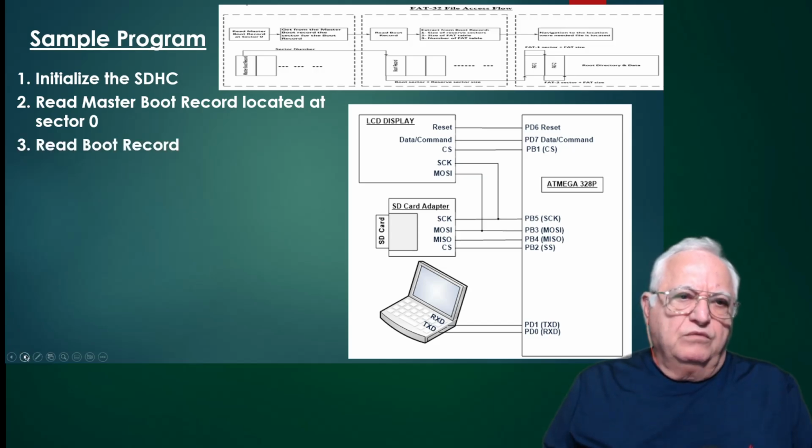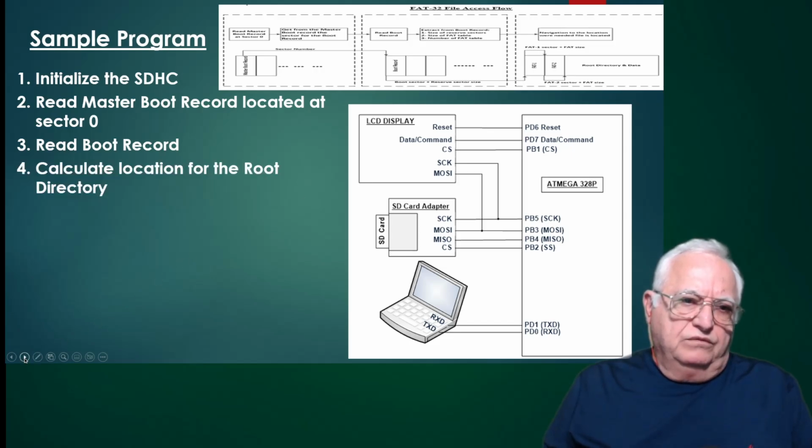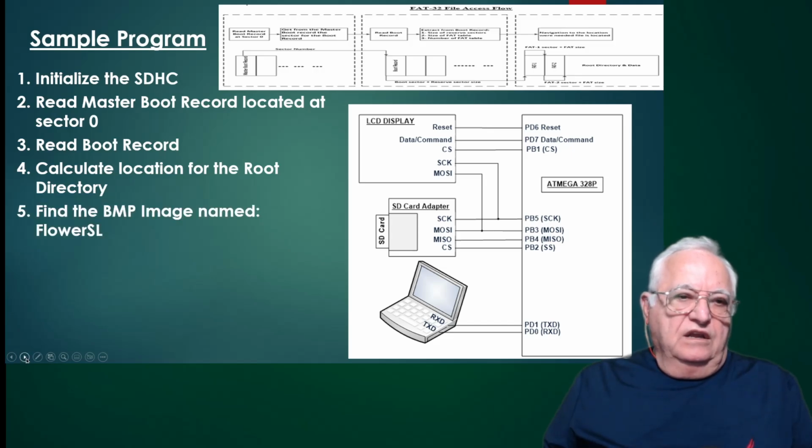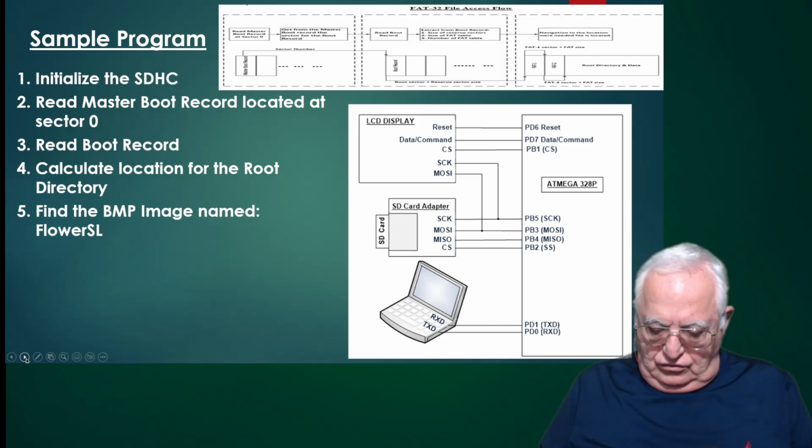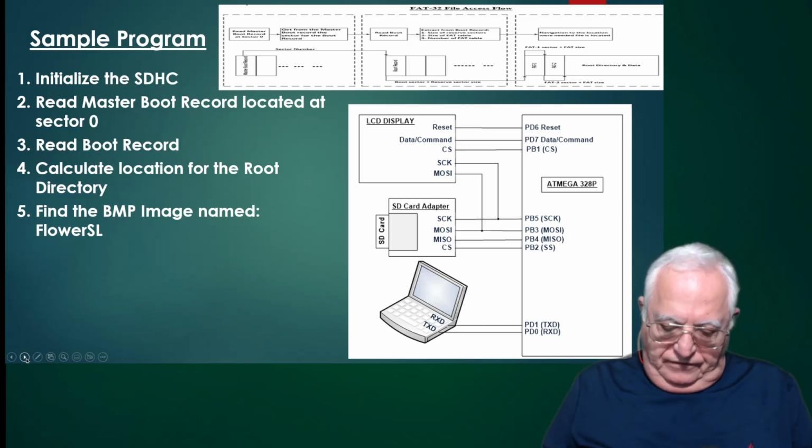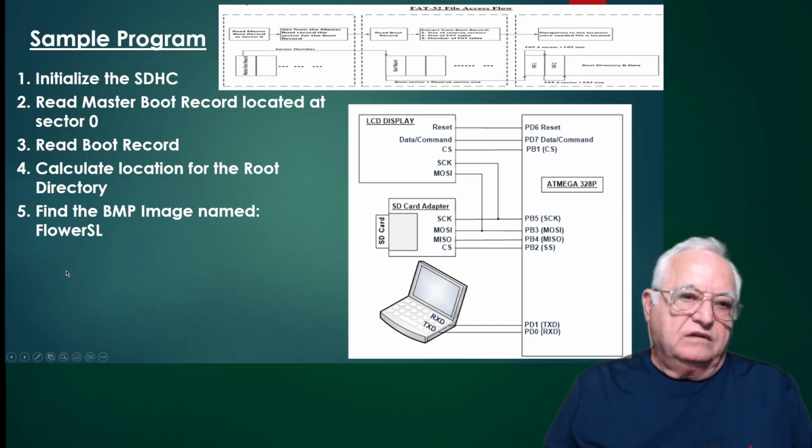Next we're going to read the boot record, and from it we're going to get enough information so we can navigate to the root directory. So next we calculate the location of the root directory from the data we got from the boot record. Then with that information we're going to look at our file information tables, and we're going to find our BMP image.